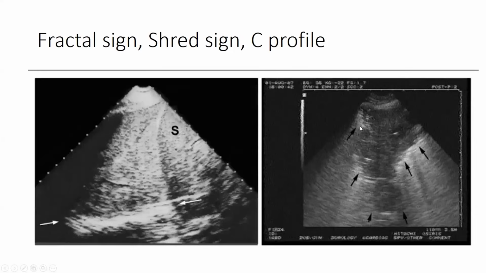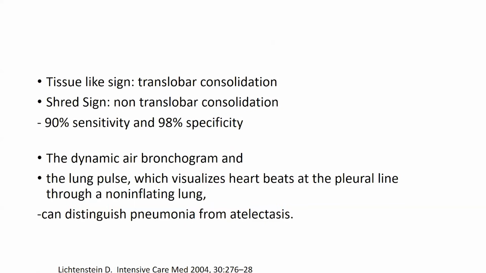When the entire lobe is not involved, sometimes you can get just a marginal shred-like picture, and this is called the shred sign. Either of these pictures, if you see them on the ultrasound, is called the C profile. So a tissue-like sign is seen in translobar consolidation and a shred-like sign in non-translobar consolidation, with 90% sensitivity and 98% specificity.